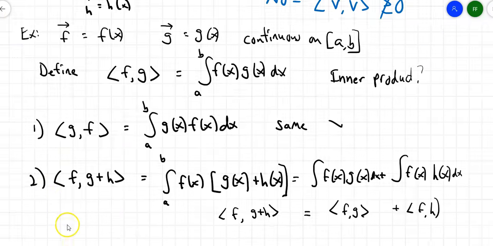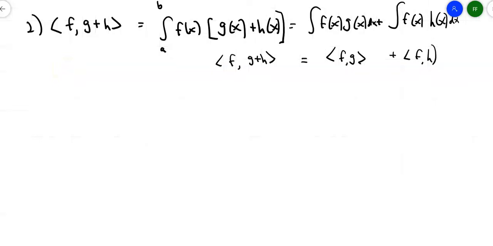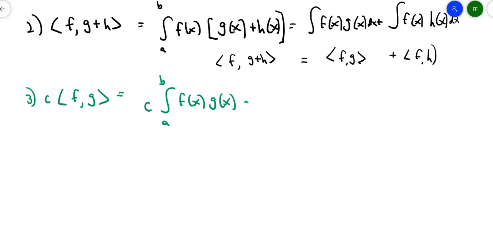The third question deals with what happens when I throw a scalar in there. So if I throw in a scalar to this operation, what does that mean? That means it's a scalar times the integral from a to b of f of x times g of x dx.